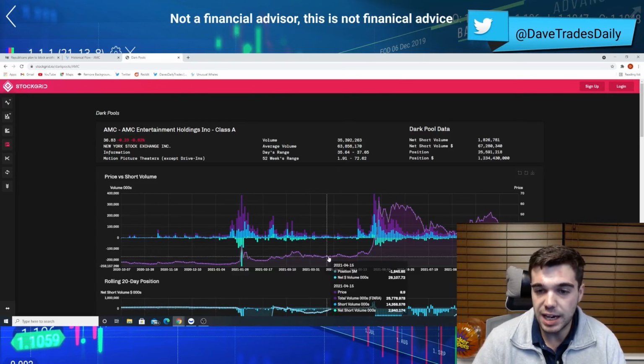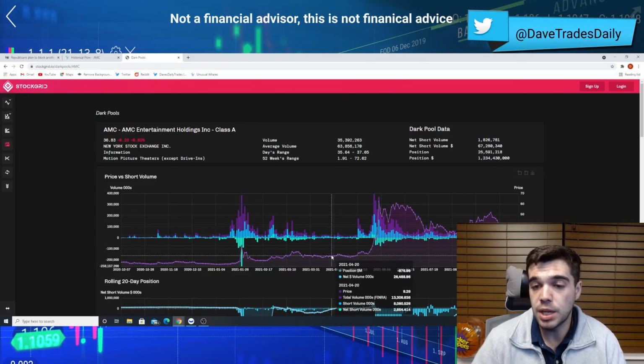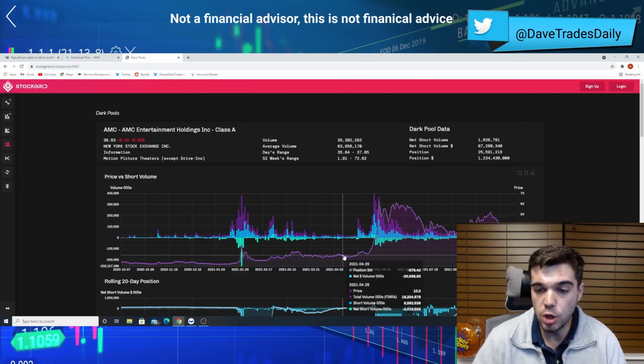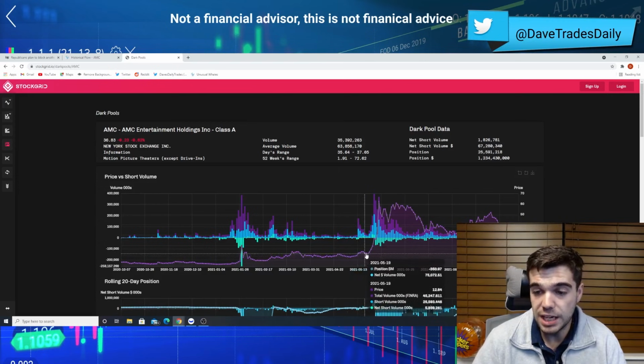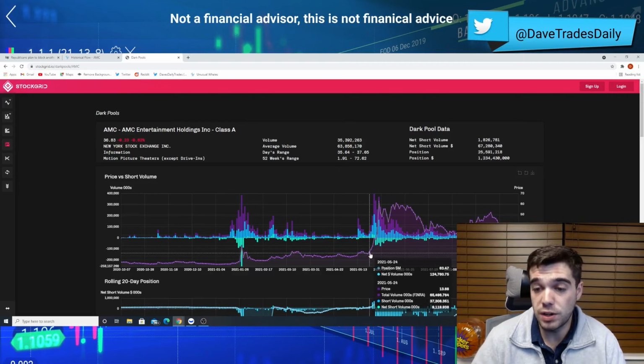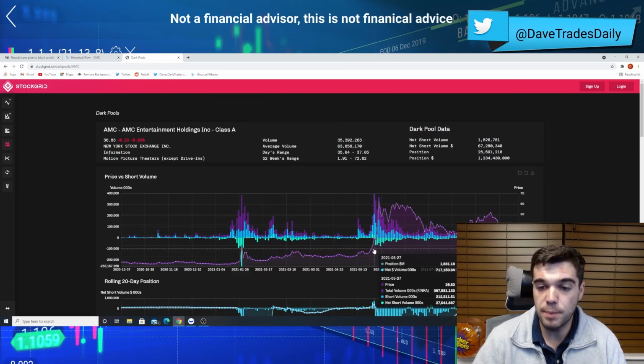All of this is in the negatives, and this is leading up to the June 2nd run-up. All in the negatives, and then we slowly but steadily make our way into positive territory, which first happens on 5/24. 5/24 is the first day in this time period that we reach a positive position. And then we slowly start creeping up, 5/28, 6/1, 6/2.